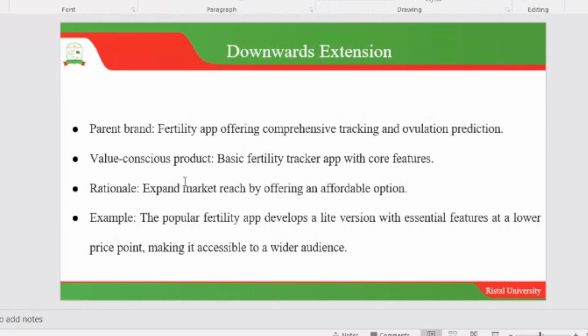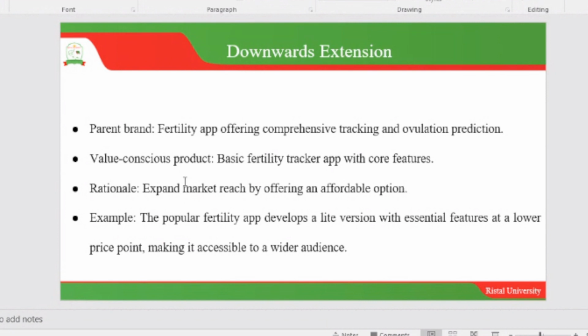Then there's what we call a downward extension. When you're looking at a downward extension, for example, we're looking at a fertility app that was offering comprehensive tracking and ovulation prediction. For example, you have developed an application on your phone where you're helping young women to track their ovulation or their periods.